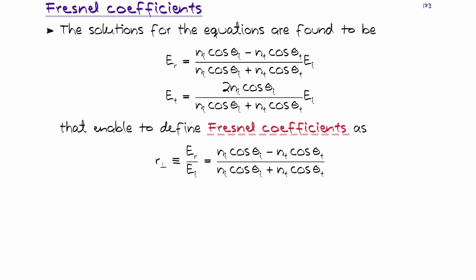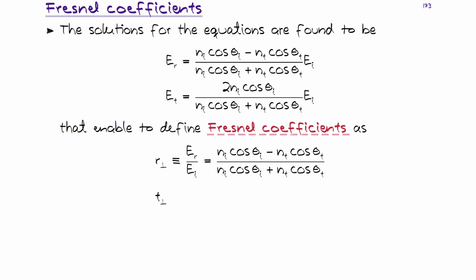And now I can plug in the values, and what I have is basically the term that depends on the Ni's and cosines and Nt's like this. So essentially I just take this term and I divide both sides with the Ei, and then I can define my reflection coefficient for the case of perpendicular E field with respect to the plane of incidence.